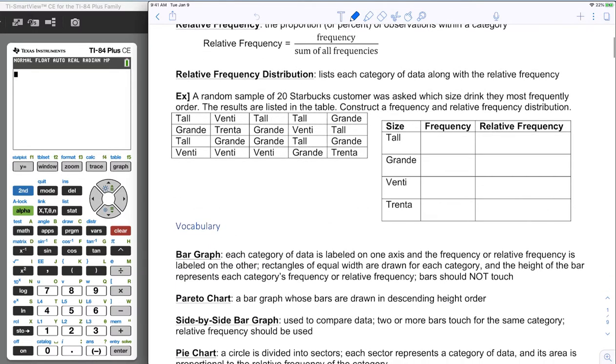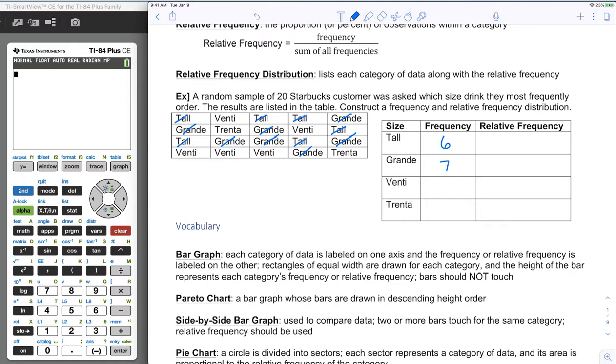So what we're going to do is count up all the different people that ordered tall. So we have 1, 2, 3, 4, 5, 6. So the frequency for tall is 6. Grande, we have 1, 2, 3, 4, 5, 6, 7.